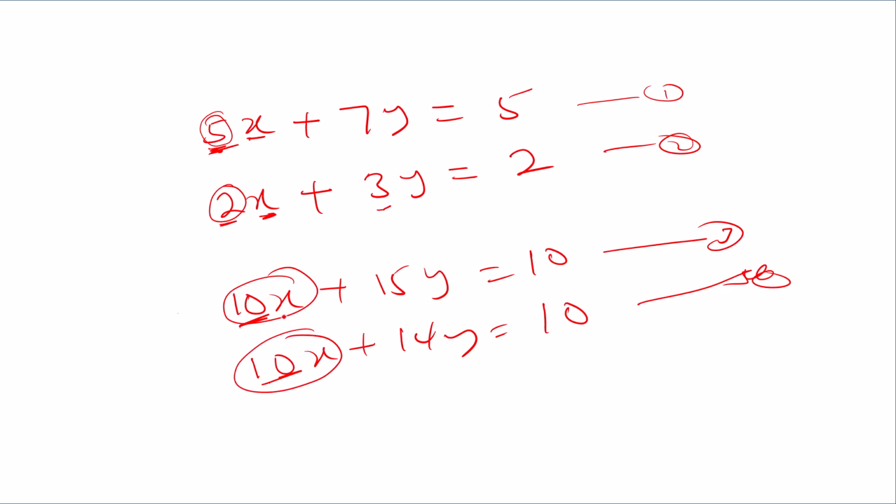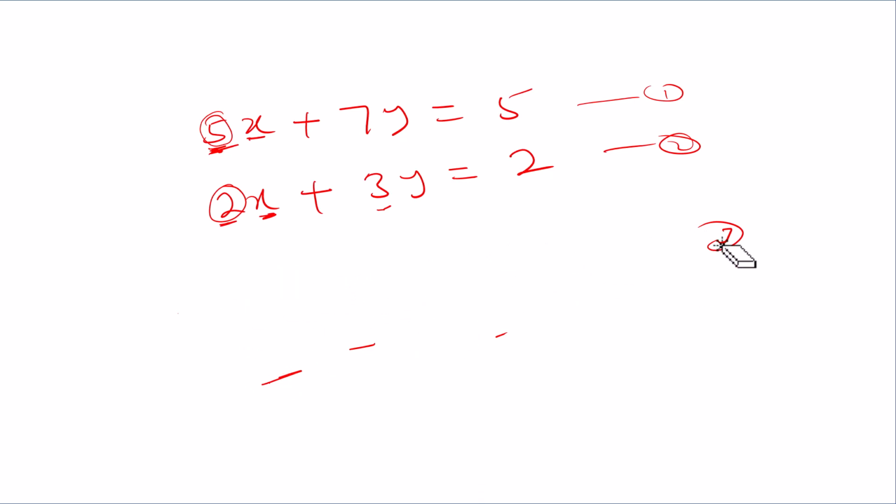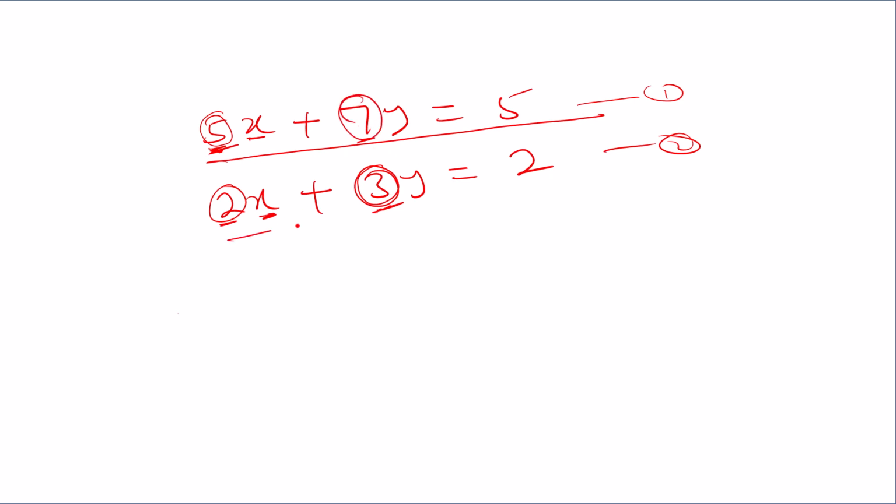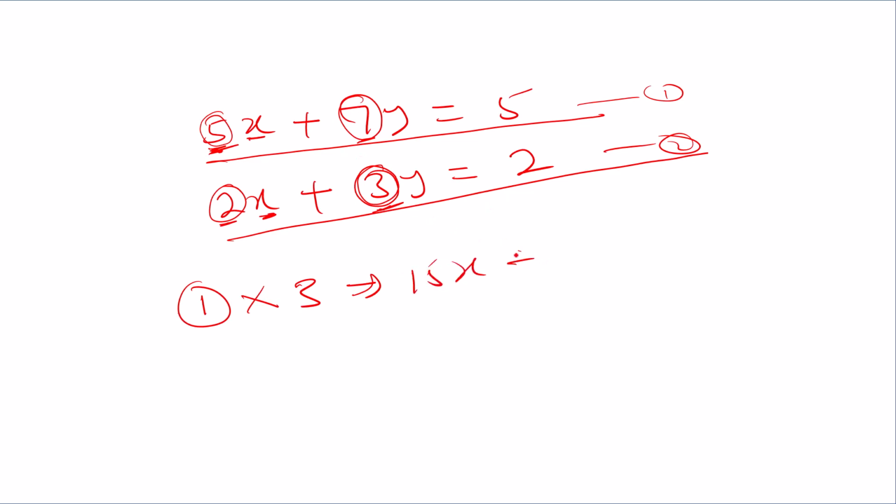Now let's assume that we want to eliminate y. To eliminate y, let's check the coefficients. We have 7 here and 3 here. They are not the same. To make them equal, use the coefficient of y from equation 2 to multiply equation 1, then use the coefficient of y from equation 1 to multiply equation 2. So equation 1 times 3: I get 15x plus 21y equals 15.